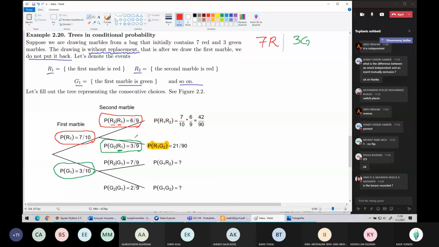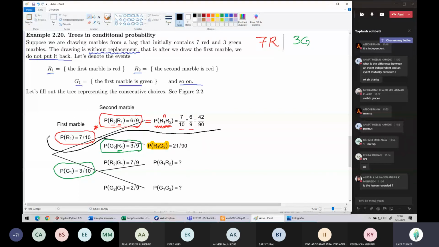And if you multiply them, what do you get? That is probability of R1, R2. That means first one is red and second one is red. Means 7/10 times 6/9. That is 42/90. Why did we write it?